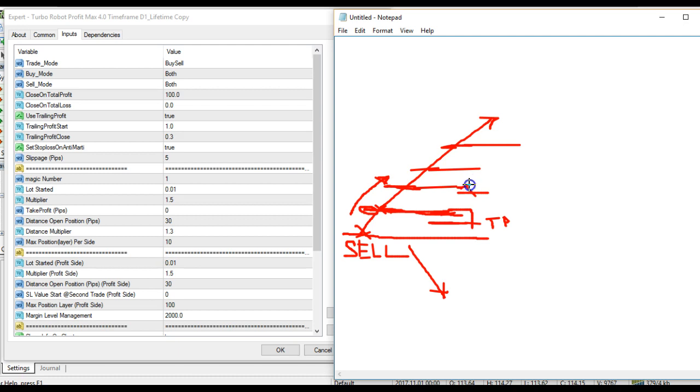If the TP is not hit over here and the market is still going up another layer, the TP will be changed here. All the TPs here will be cancelled, this particular TP also will be cancelled, and the TP will change here.